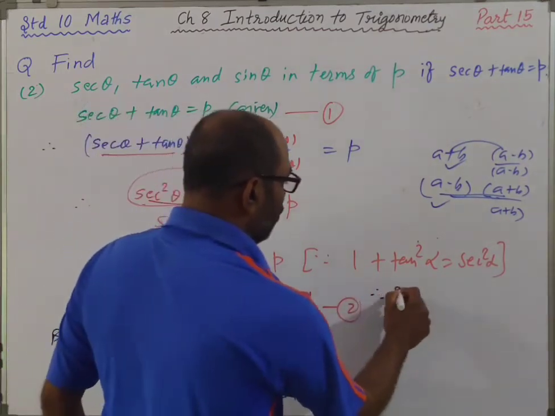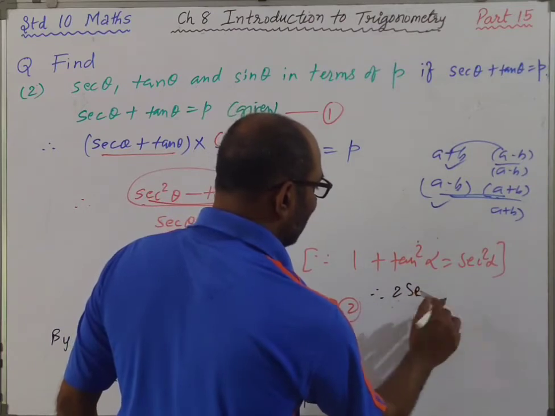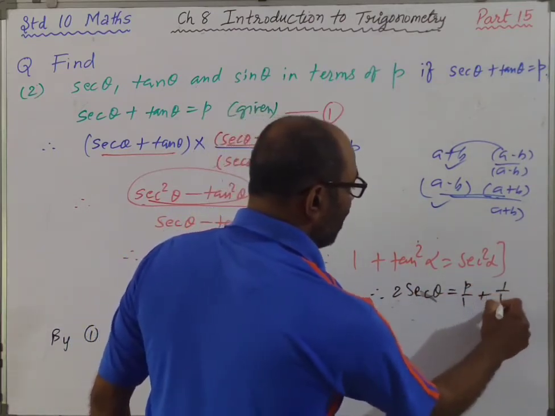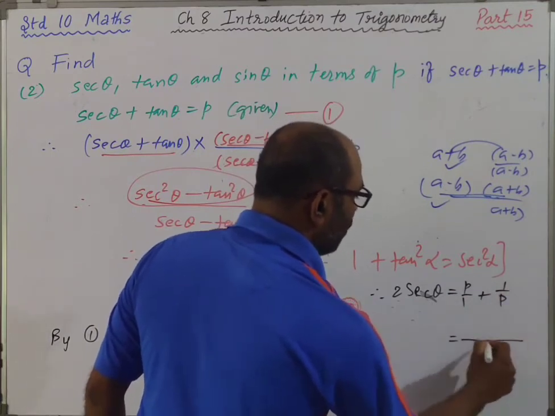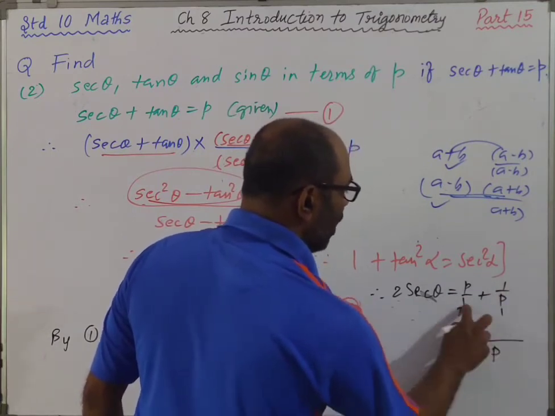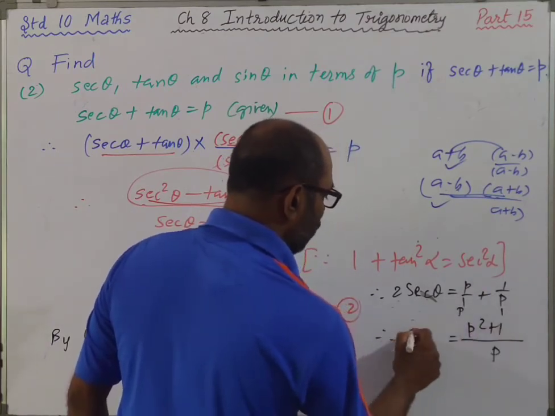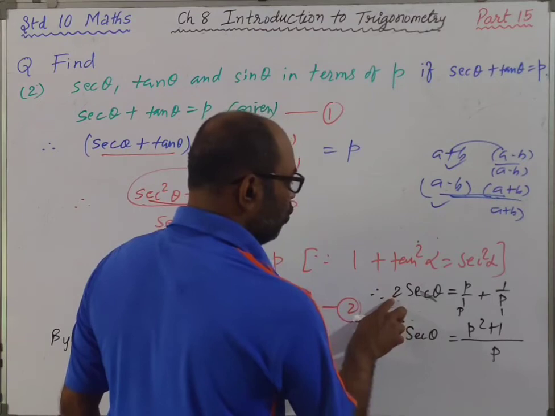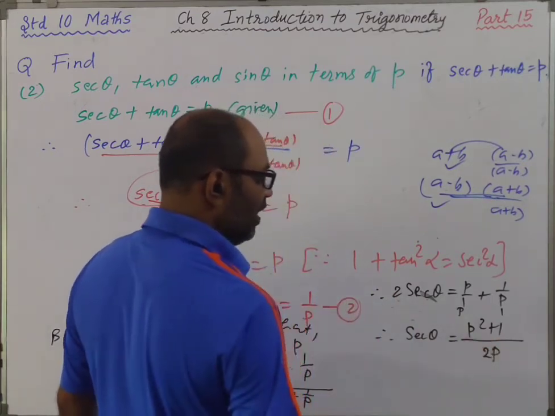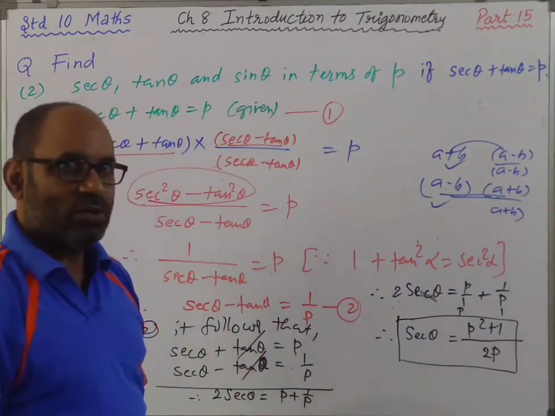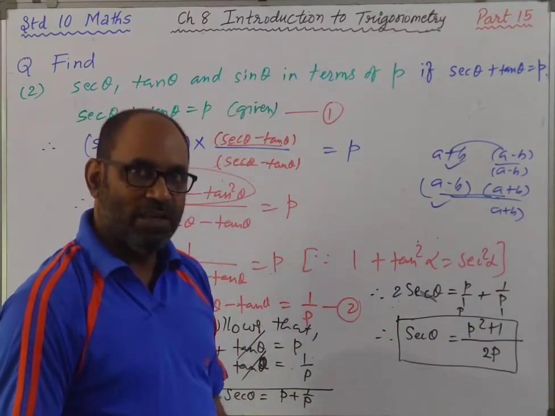Alright? Therefore 2 sec theta is equal to p plus 1 upon p. Take the LCM: p and 1 give LCM p, so p square plus 1 upon p. Therefore sec theta, take the 2 down. Finished. So you got the value of sec theta. What is sec theta? p square plus 1 upon 2p.